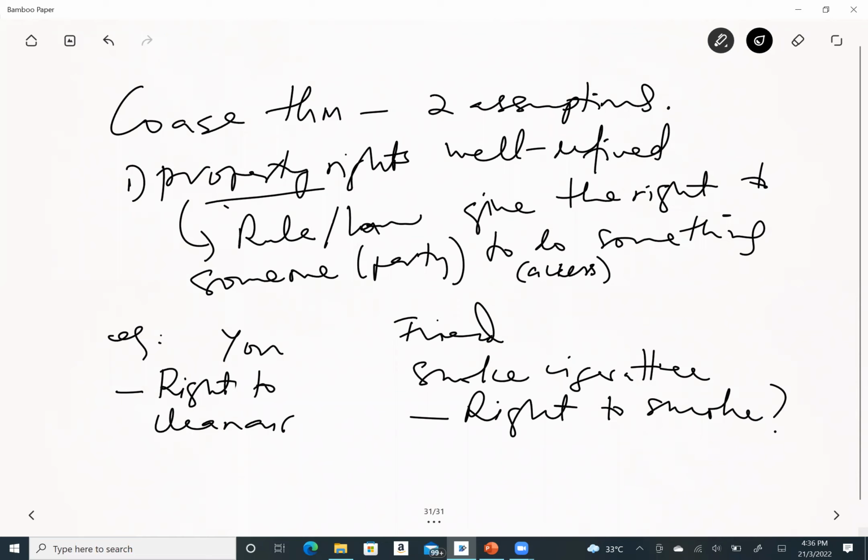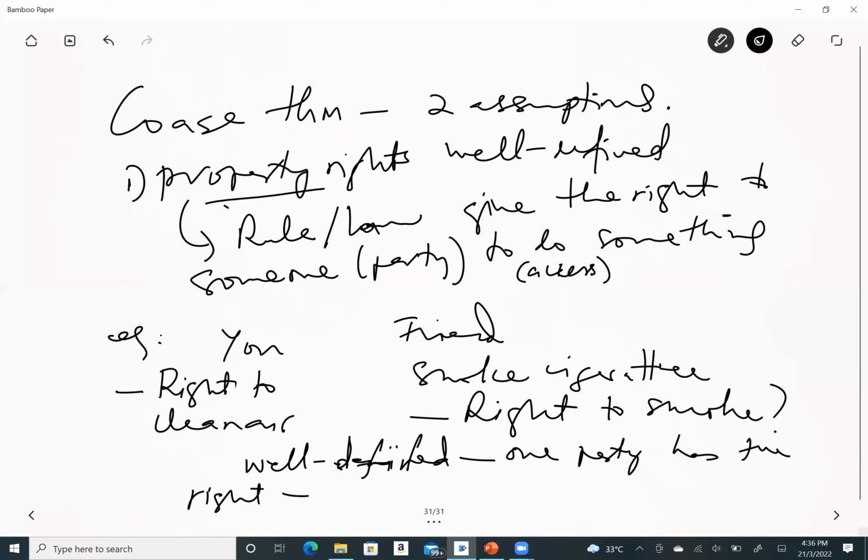So under the Coase theorem, it must be well defined. Well defined means one party has the property right. It can be, say, the right to smoke.